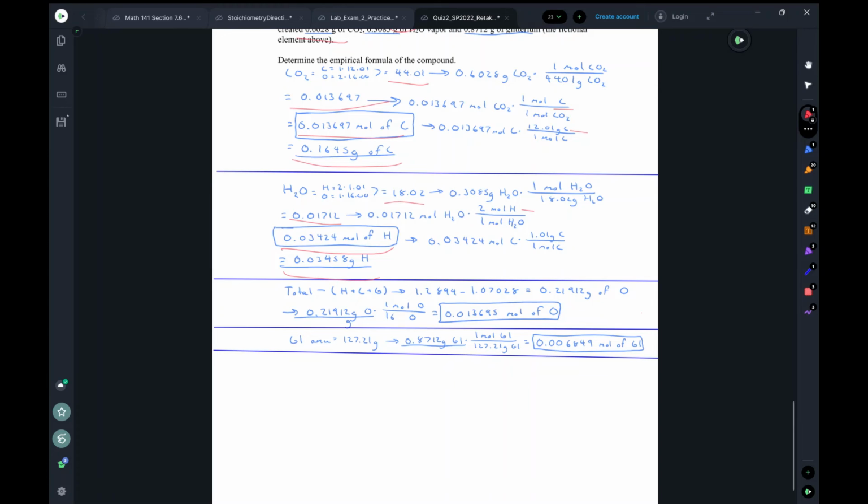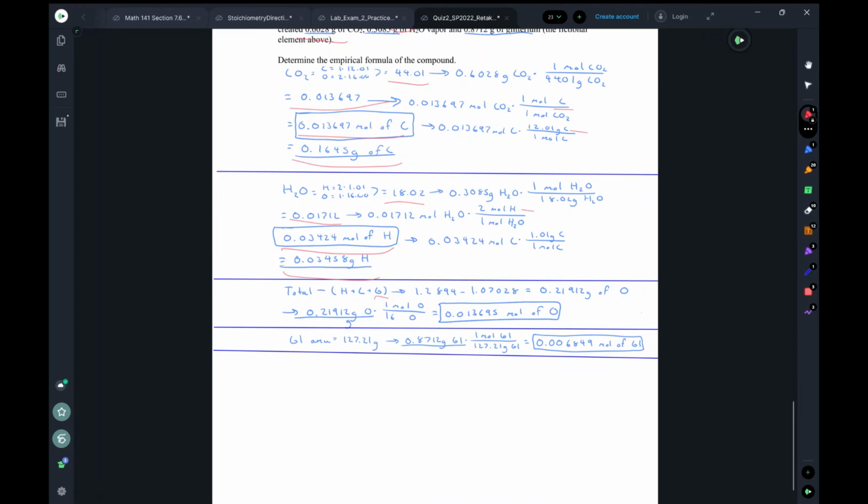And again, we're going to need to add both hydrogen and carbon together, both the grams, and subtract that from the total amount of grams of the unknown substance in order to find the amount of grams of oxygen that's within the combustion as well. Though we can't forget about glitterium as well.